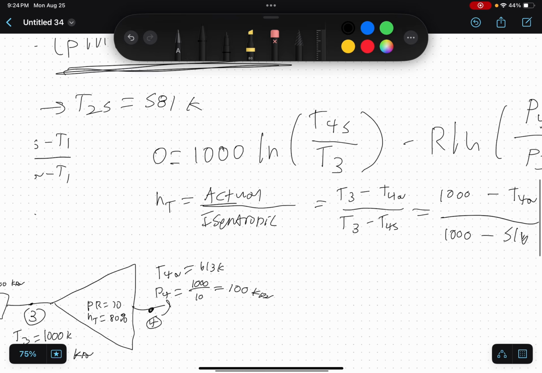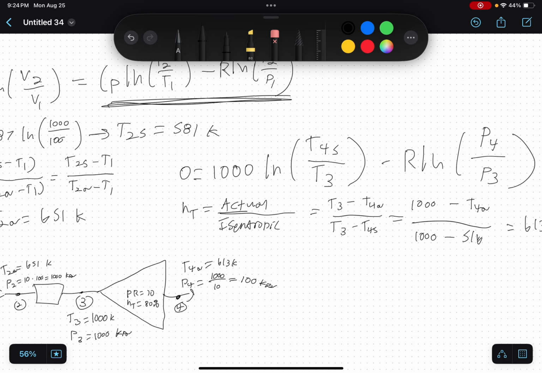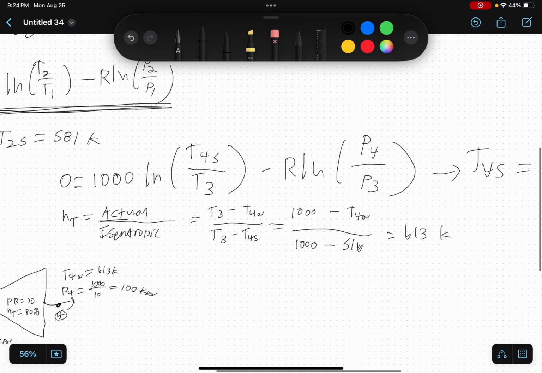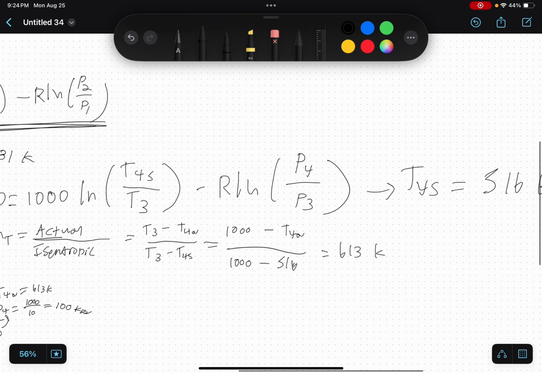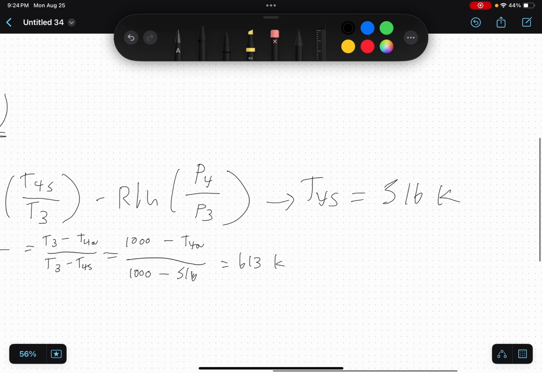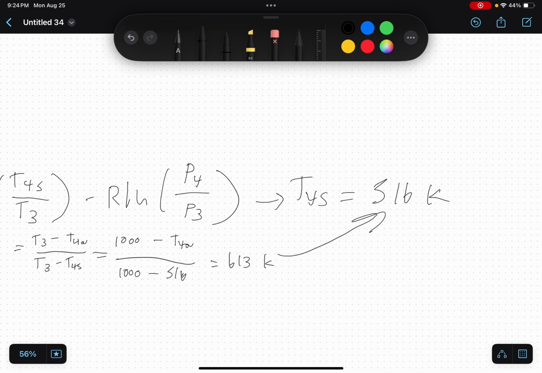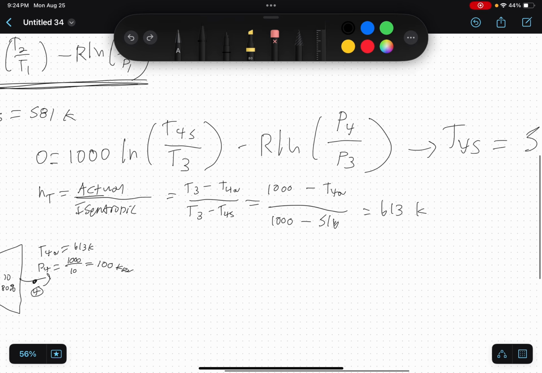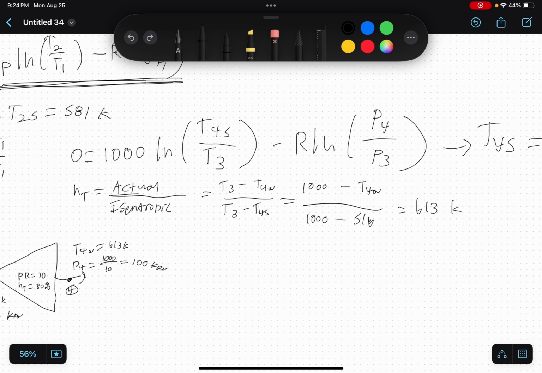Turbine is trying to extract as much energy as possible, which is why isentropic's on the bottom. Because in a perfect world, you can extract all the energy. That's why isentropic is the baseline. That's why it's the max. So if there's still leftover temperature that could be reduced down, you haven't extracted all of the isentropic work.